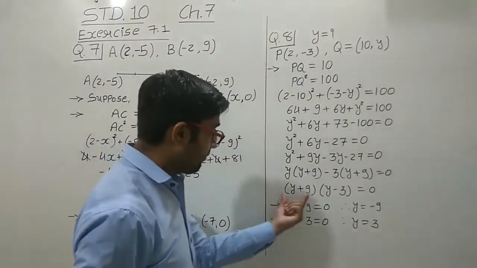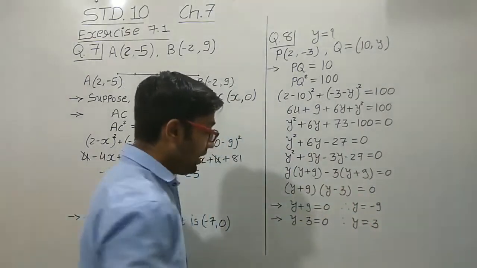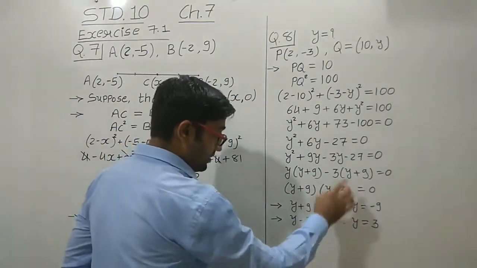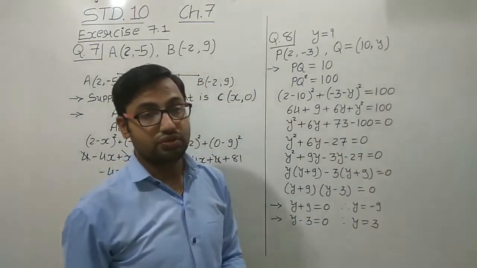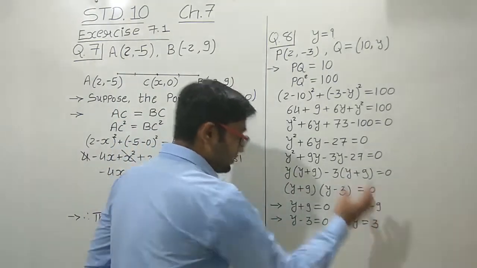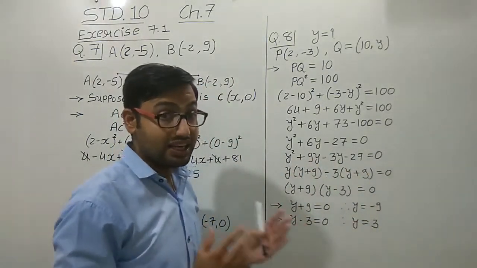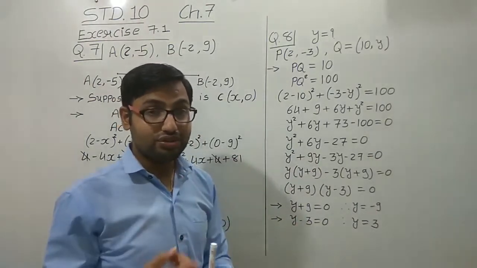Now when we compare y plus 9 with 0, we get y equals minus 9. By comparing y minus 3 with 0, we get y equals positive 3. So these are the two values: one is minus 9, the second is 3. That is why the question asks for the values.